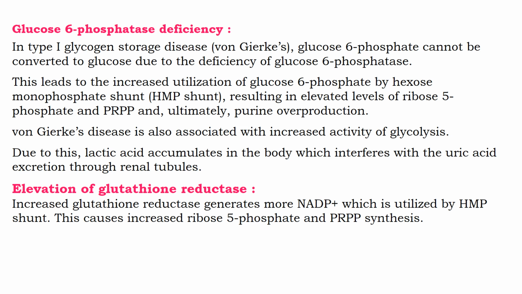So this causes increased ribose 5-phosphate and increased concentration of PRPP. If there is an increased concentration of PRPP, definitely we are going to make more nucleotides. If they are undergoing degradation, it increases the concentration of uric acid. If this uric acid deposits in the joints, then we get arthritis.